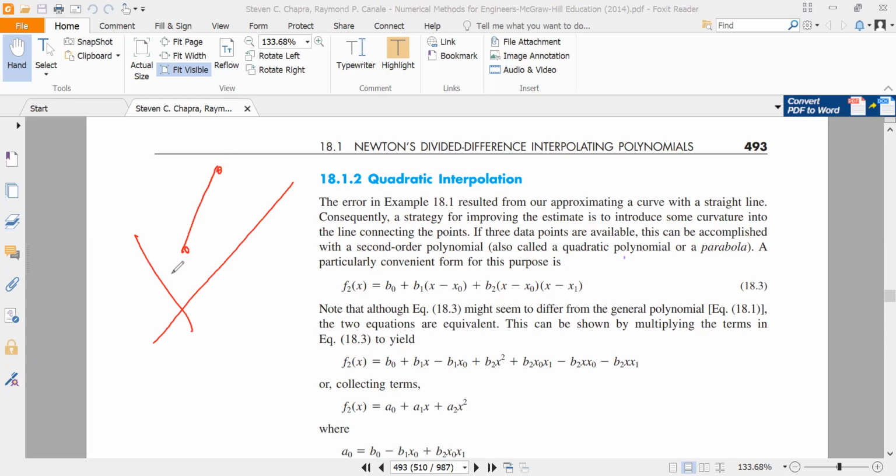Now your curve was like this. This was our structure.